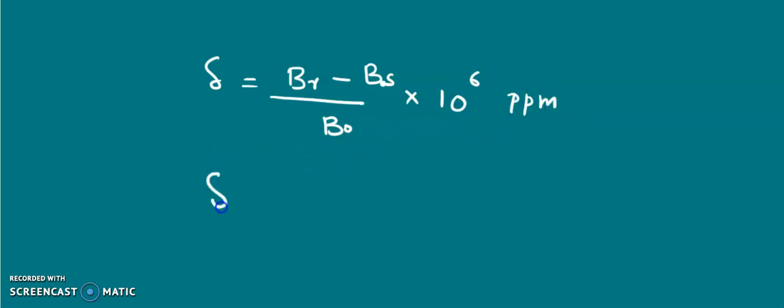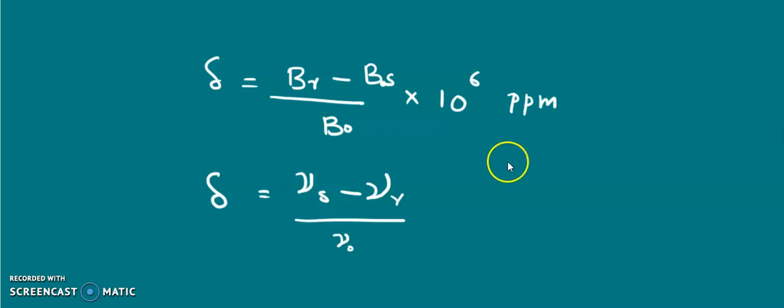Or in terms of frequency, we can write delta equal to (nu s minus nu r) divided by nu 0, where nu s is the resonance frequency of the sample and nu r is the resonance frequency of the reference, into 10 to the power 6, again ppm.